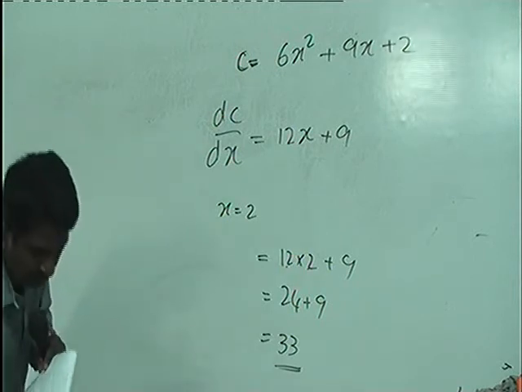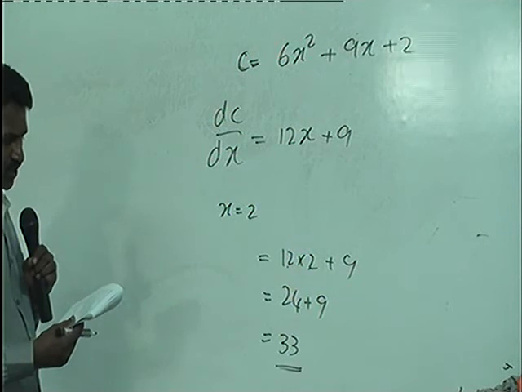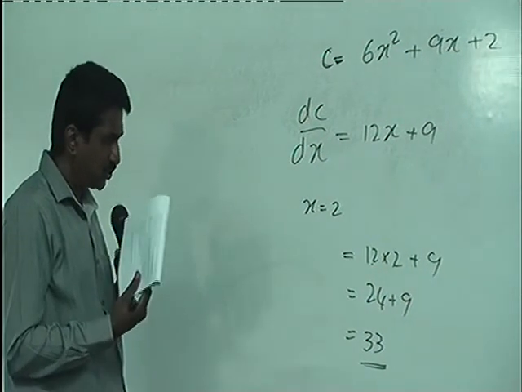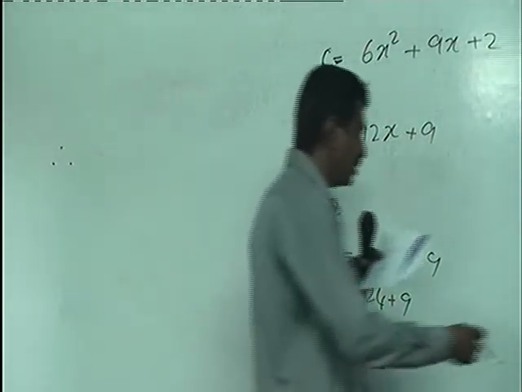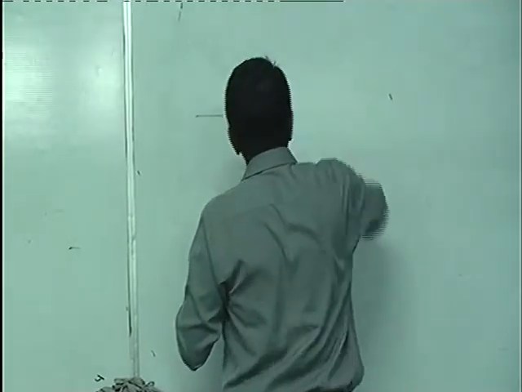Question number 5. These are true or false questions. You have been given a cost function, and then you need to identify whether the statements are true or false.